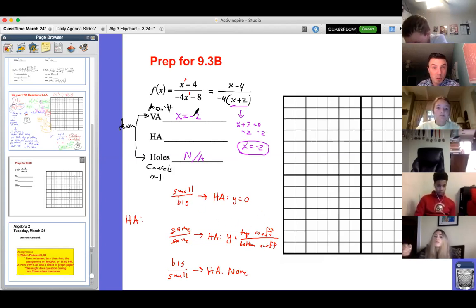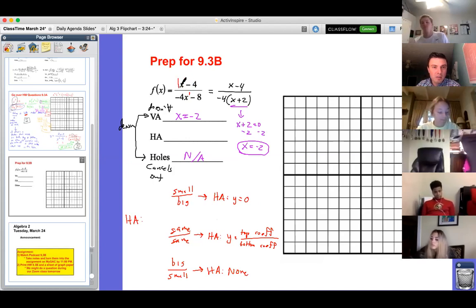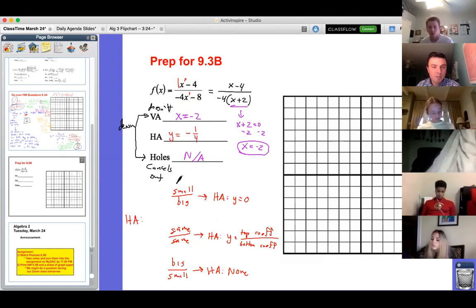So that's what we have here. We have the same over same. What is the top coefficient here? 1. So I take a 1 and I divide it by negative 4. So it's just y equals -1 over 4. Y equals -1/4.